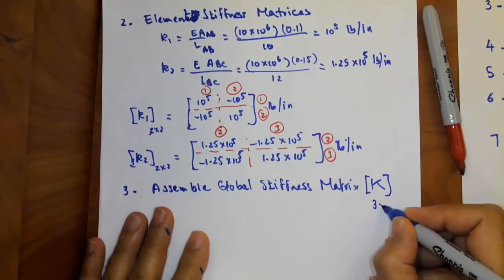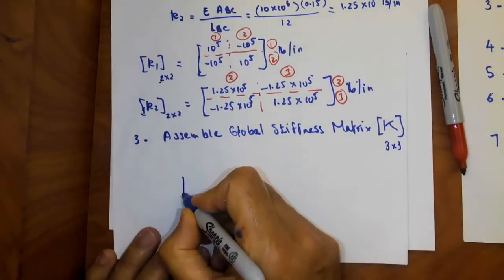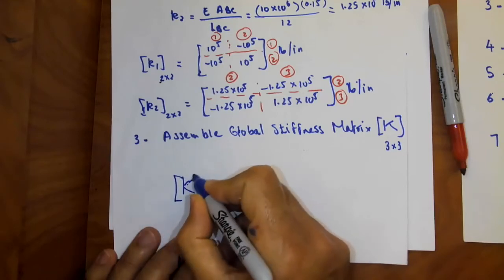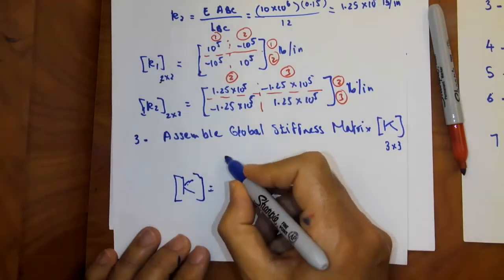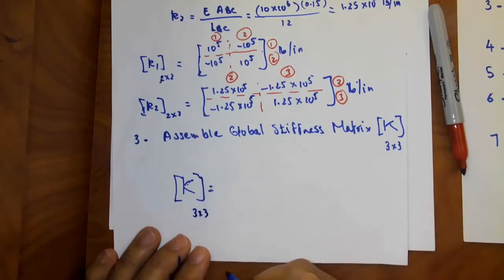So this K must be 3 by 3. So I have here this uppercase K is equal to, and it's a 3 by 3, right?